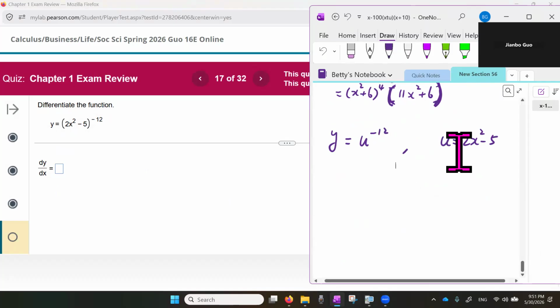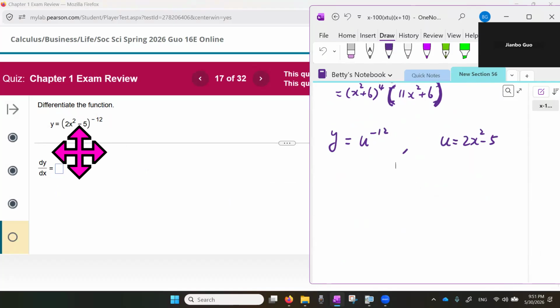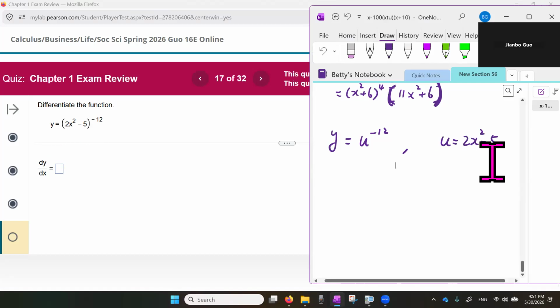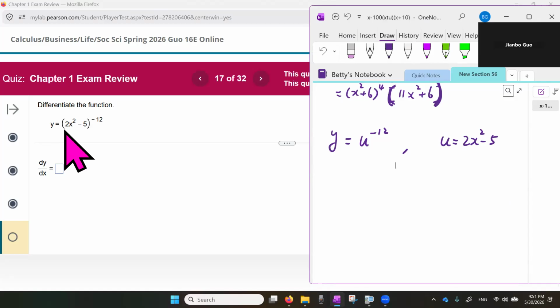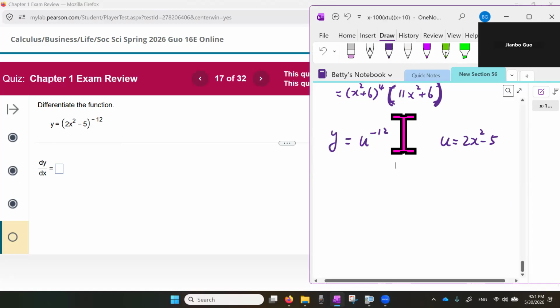If we let u be the function in the parentheses, 2x squared minus 5, then the original function is y equals u to the power of negative 12. So this is the outside function, this is the inside function.